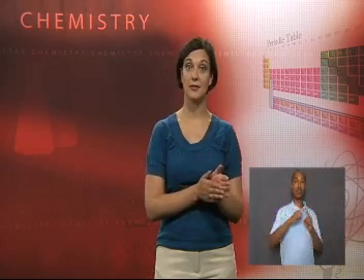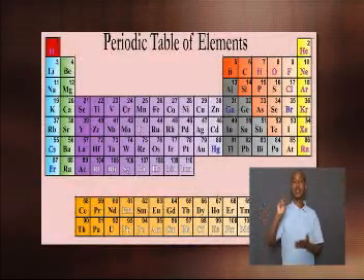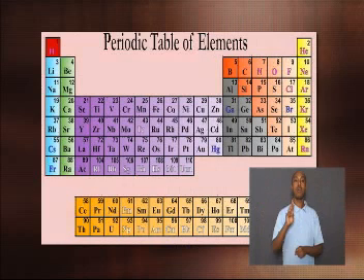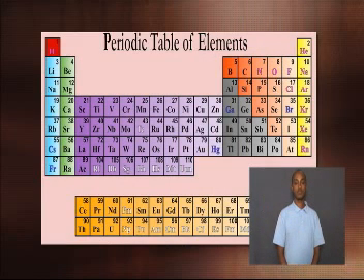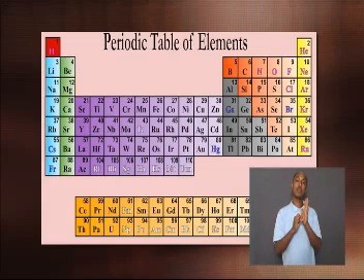If we look from the left of the periodic table to the right, the nuclear charge, or atomic number, progressively increases. As you can see, the atomic number increases by 1 for every succeeding element.